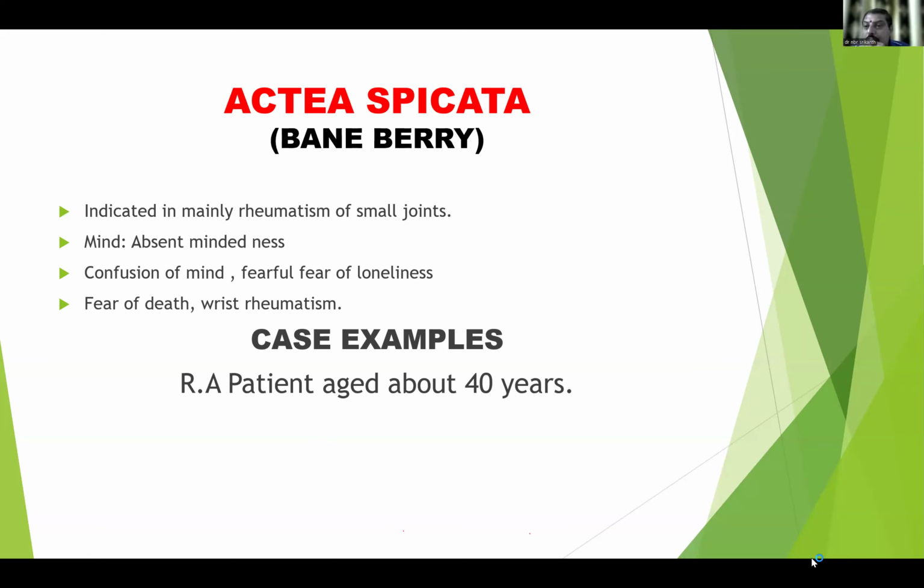You should ask where exactly the pain is, and then he will tell you. Please keep in mind, don't expect that everything in the text will come with the patient in the same words. That will not happen. Here also you see absent-mindedness.